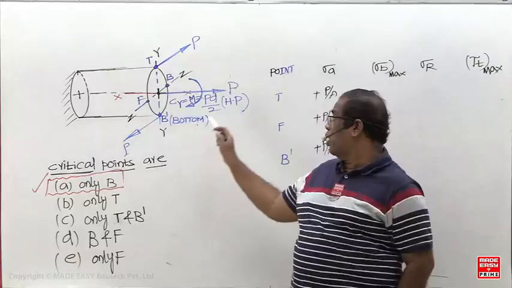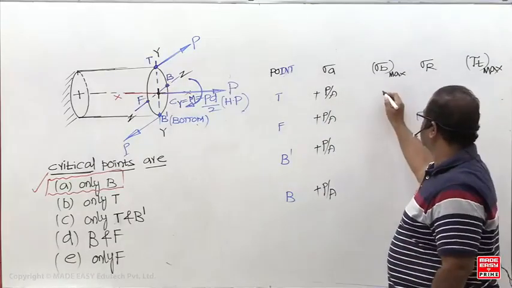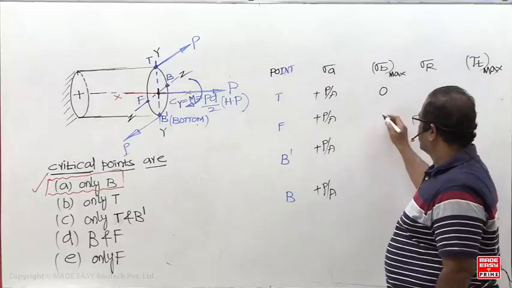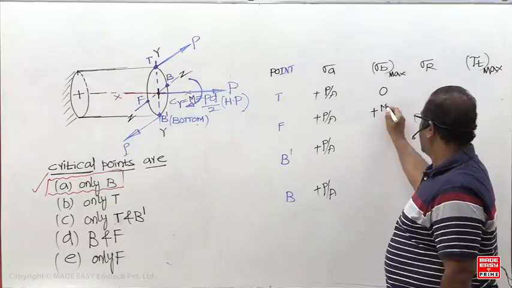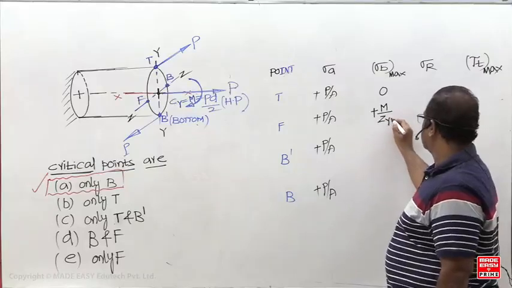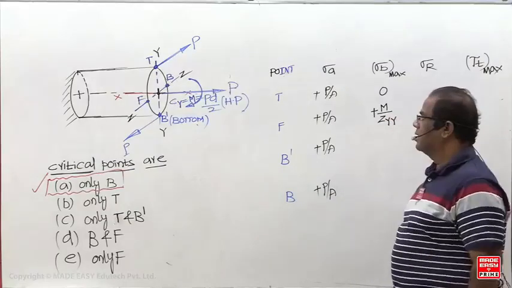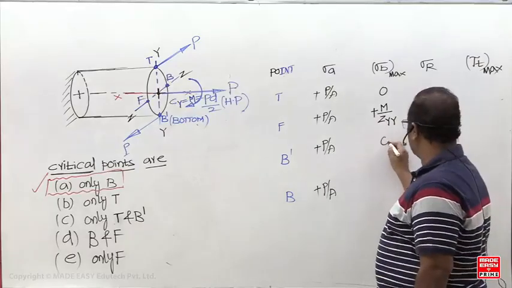Coming on the front side is the horizontal plane. So now can you write down the bending stress at the top? 0. Front, plus M by Z. Z about which axis? ZYY. B dash 0.